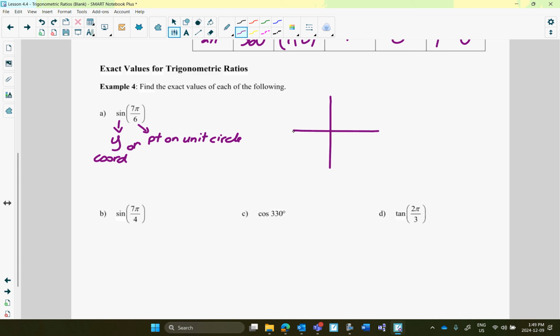Well, the pi over 6s are the ones that are close to the x-axis. This one's here. So it's -√3 over 2, comma, -0.5, right? What's the y coordinate? Here. And that's my answer.